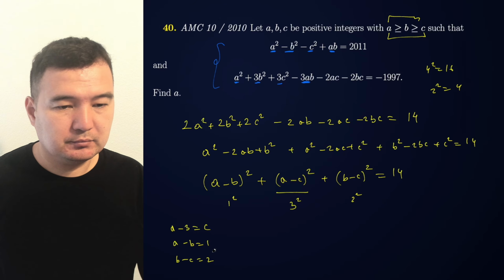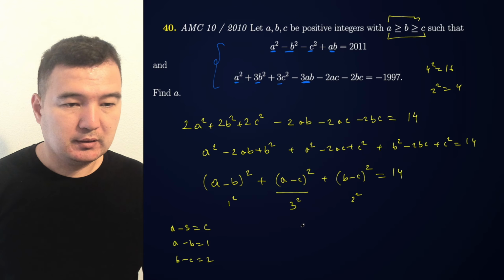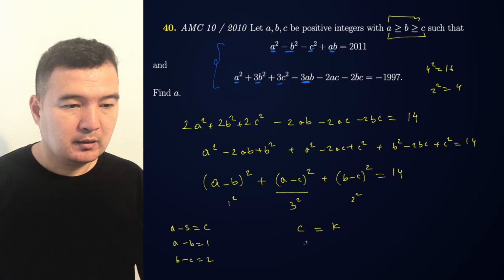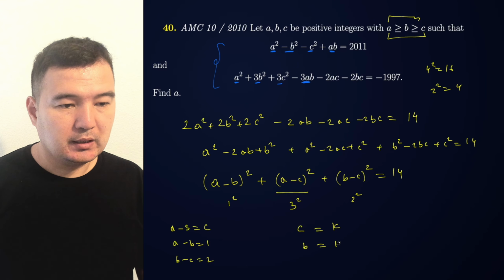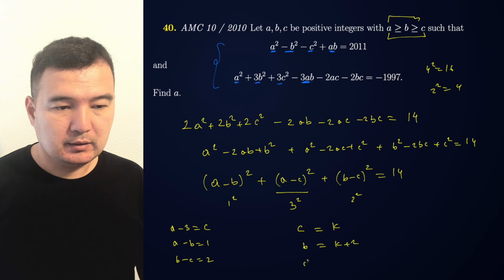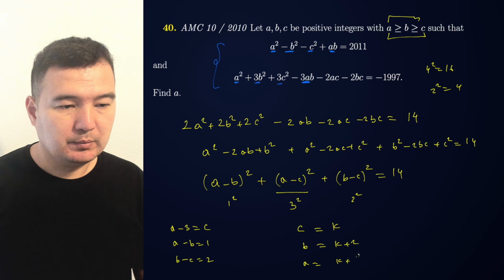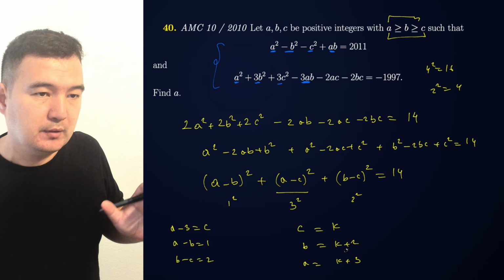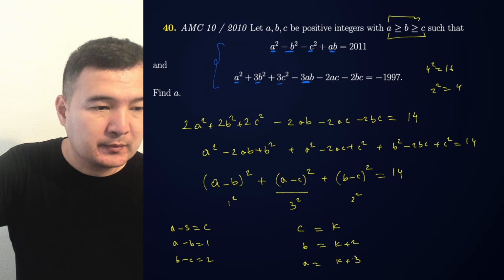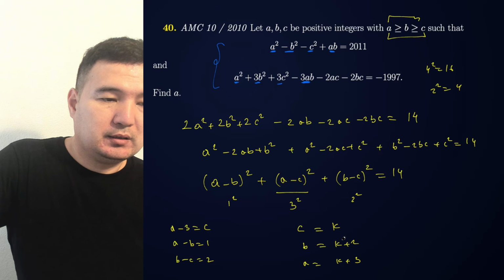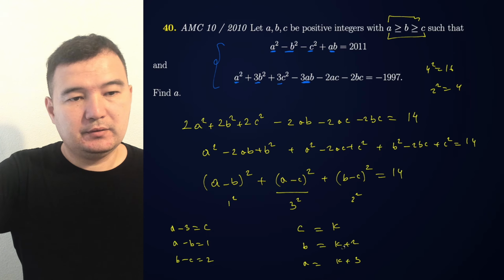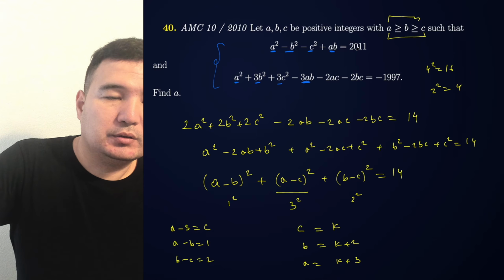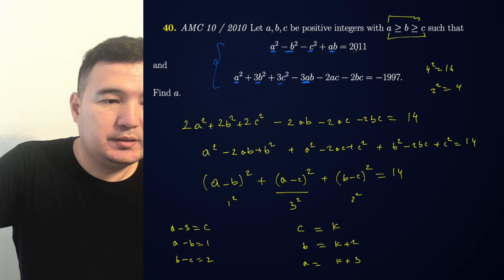So if C is some number k, then B is going to be k plus 2, and A is going to be k plus 3. So we have the values for A, B, C. Now you can plug these three values into the equations to figure out the value of k.